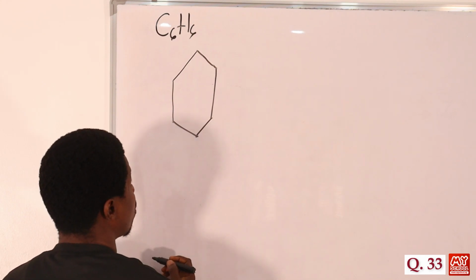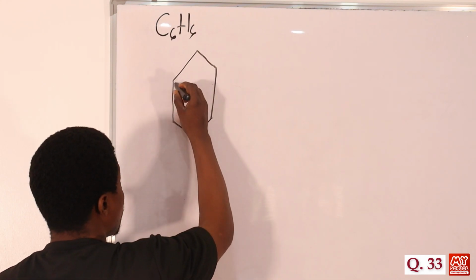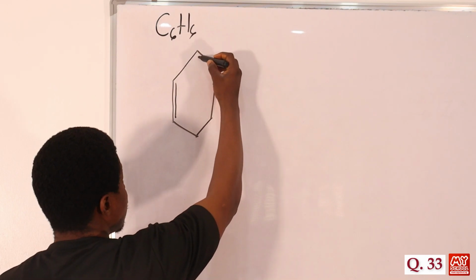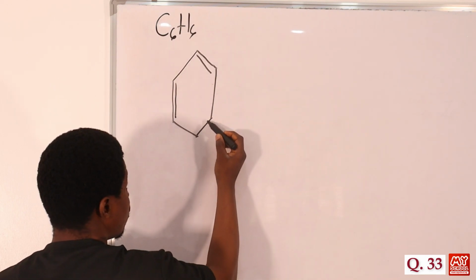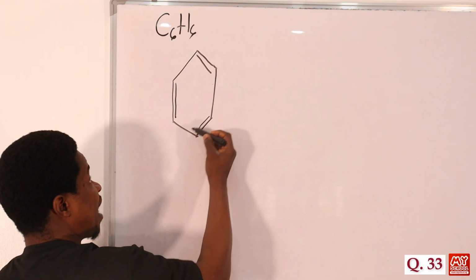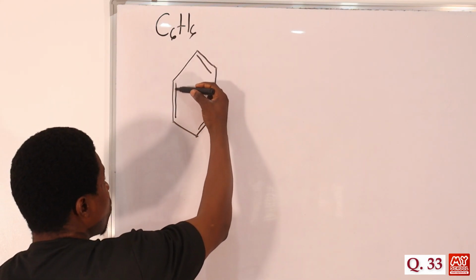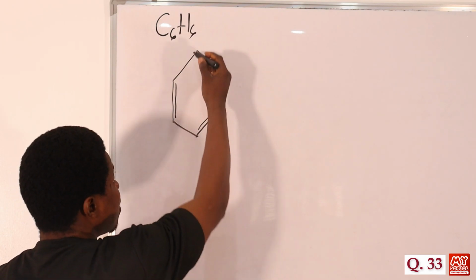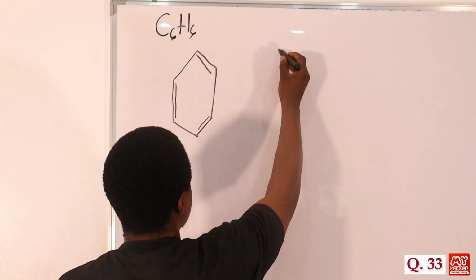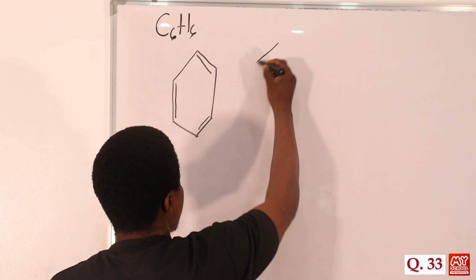It is conjugated because we have double bond, single bond, double bond, single bond, double bond, single bond. That's why we say it is conjugated, with alternating double and single bonds.